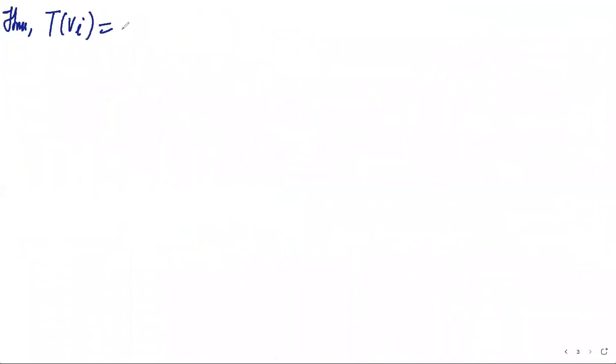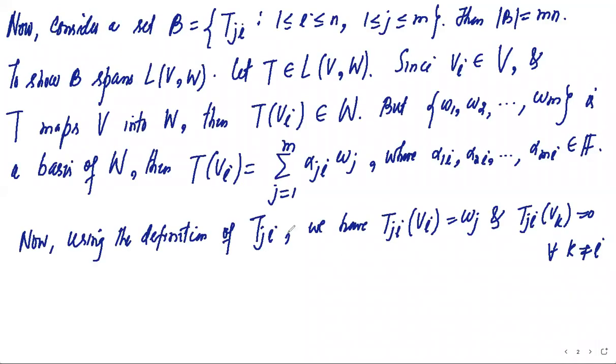जी सर. Thus T of vi is equal to, let's again repeat it, this is equal to summation j from 1 to m alpha ji wj. Now this is equal. Now let's look back here. अब यहाँ पे ये मैंने फिर से वही लिख दिया, लेकिन यहाँ पे जो wj है इसकी जगह पे हम लिख सकते हैं this Tji of vi.